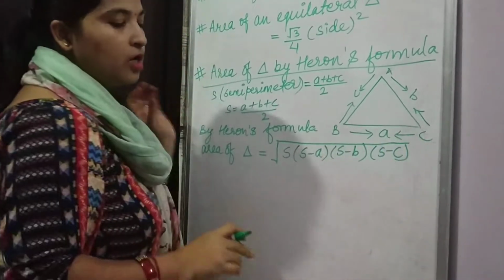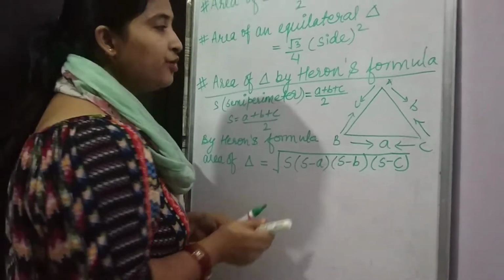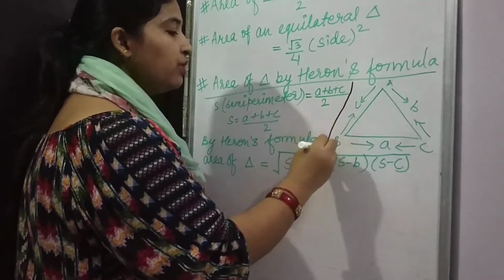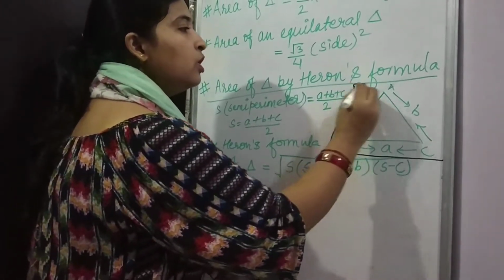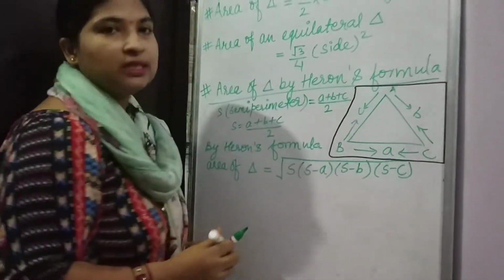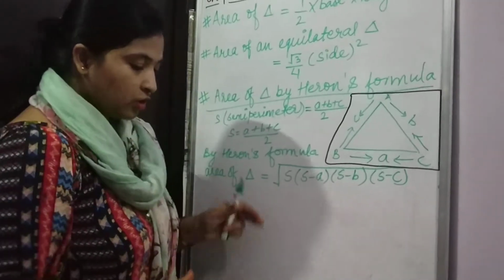This is the formula for the area of any triangle whose all three sides are given to you, as I have shown in the diagram. So this is your Heron's formula.